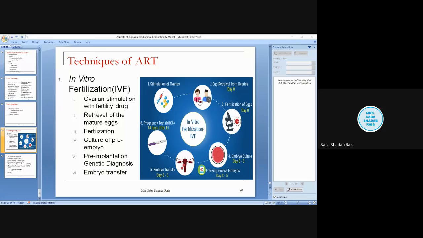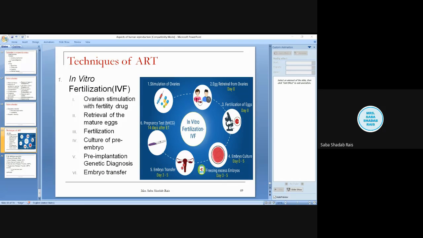Now, what do these fertility drugs contain? They contain FSH and anti-estrogen, given in the early menstrual cycle. This controls and promotes maturation of more ova, or oocytes. In a normal cycle, we know every month only one ovum matures.